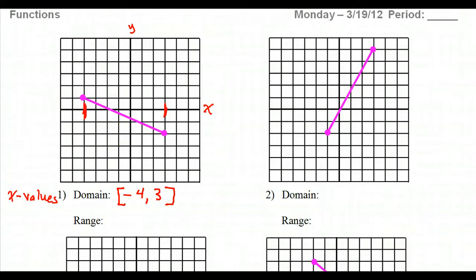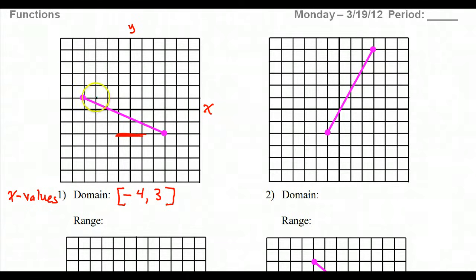Now, on the other hand, the range is the set of y values. So when we ask ourselves what will the range be, we have to ask ourselves how low does the graph go and how high does it go. So hopefully you can see that the lowest value on the graph is here. So this is how low the graph goes because of this point.